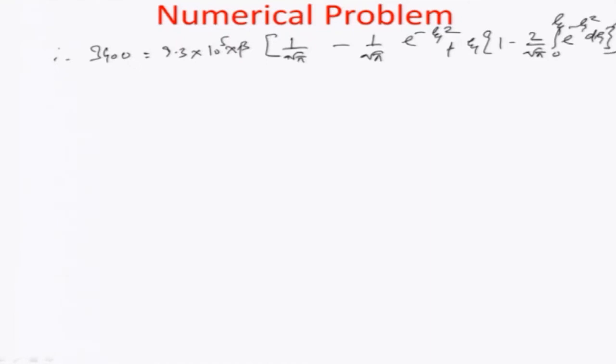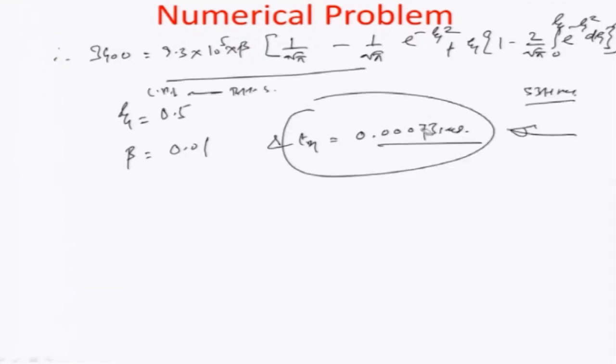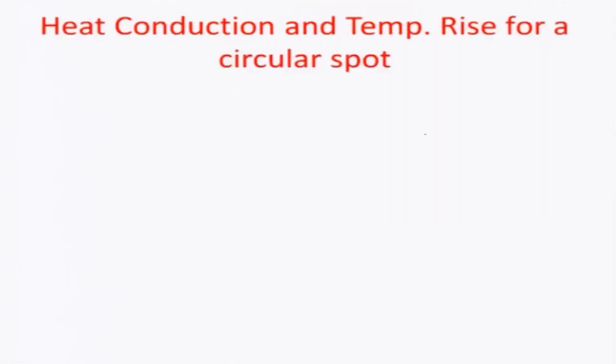This comes out to be corresponding to a zeta value of 0.5, a beta of 0.01 and a time of machining of 0.00013 seconds.